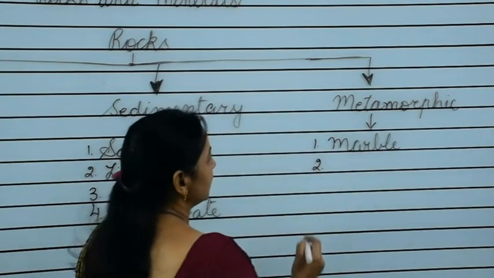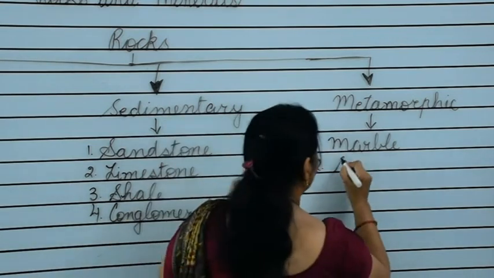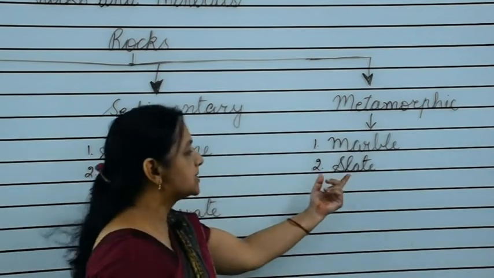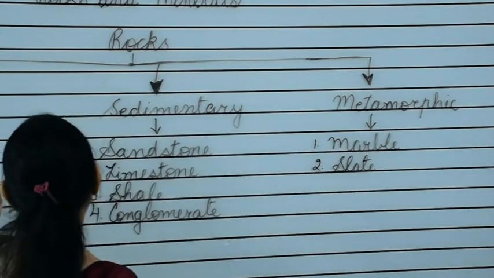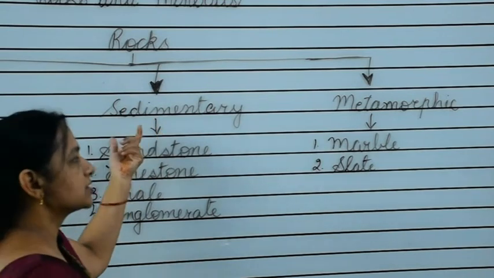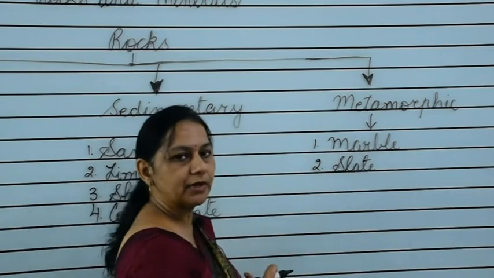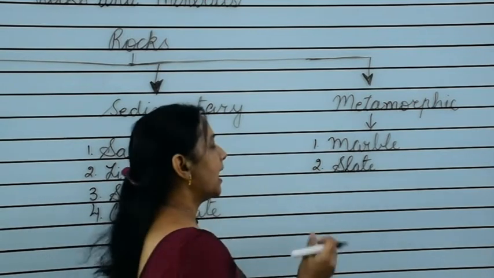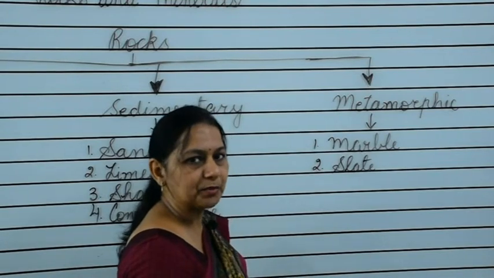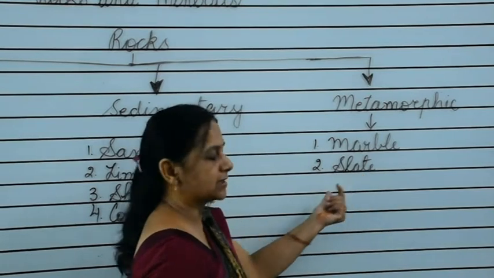The second one here is slate. Slate is made from shale, and shale is again a sedimentary rock. Slate can be broken up into thin layers, and the slates, that is handheld writing boards, and the blackboards are made from slate.